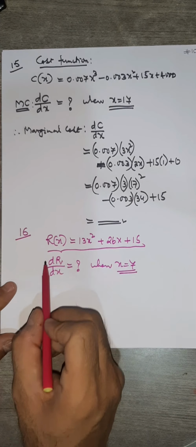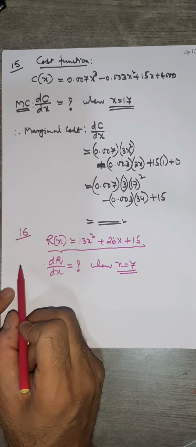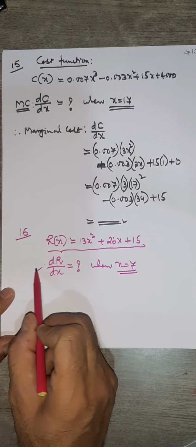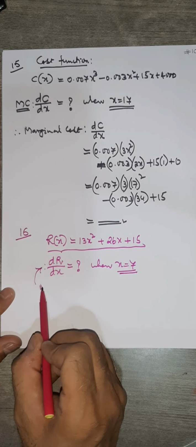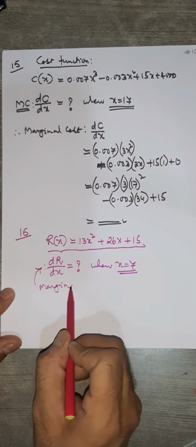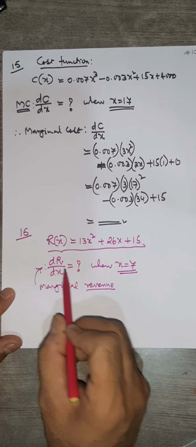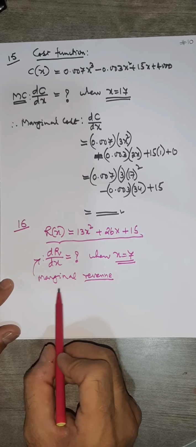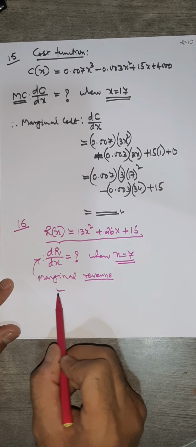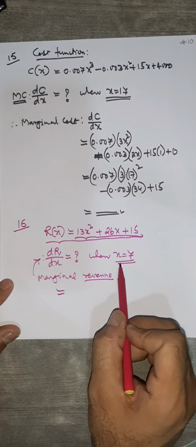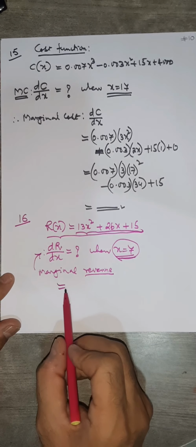So let me write here, what is this? This is nothing but dr by dx. What does dr by dx mean? Marginal revenue. That is a change in the revenue with respect to number of units. So what you have to do? You just differentiate this with respect to x, and at the end you put x equals to 7.